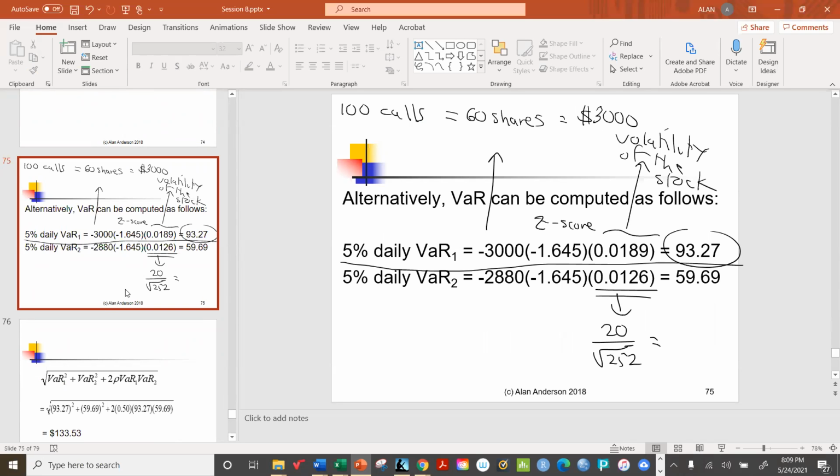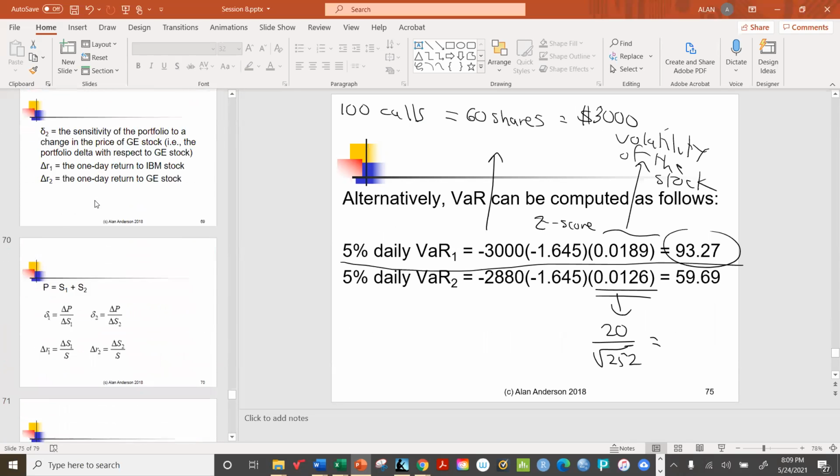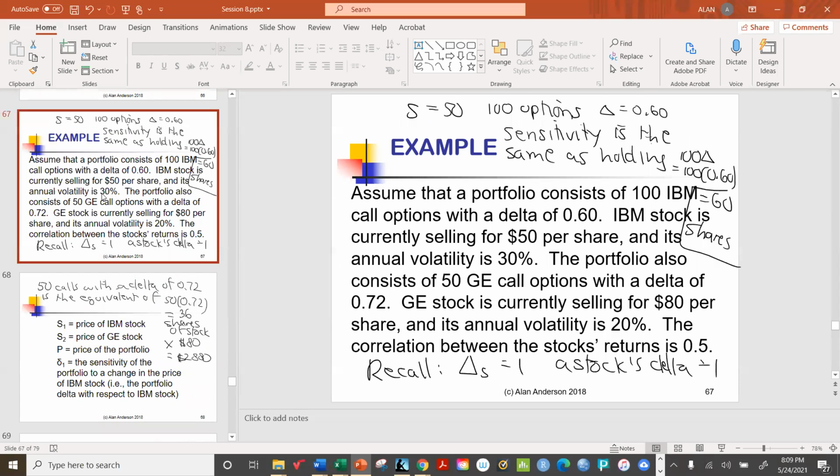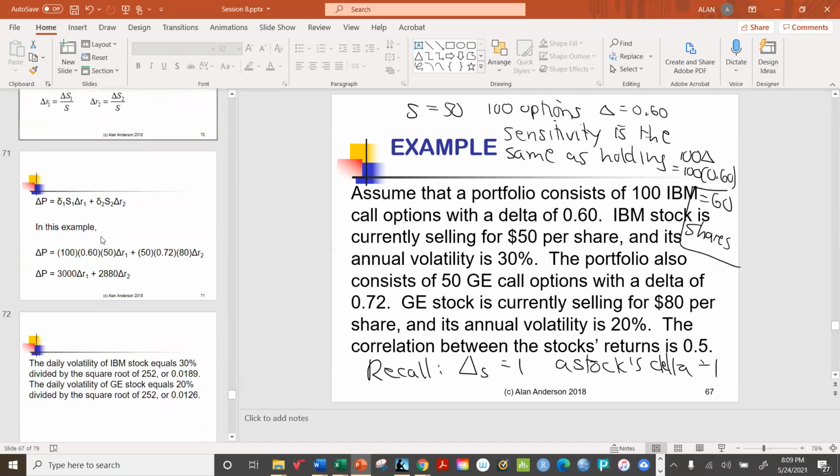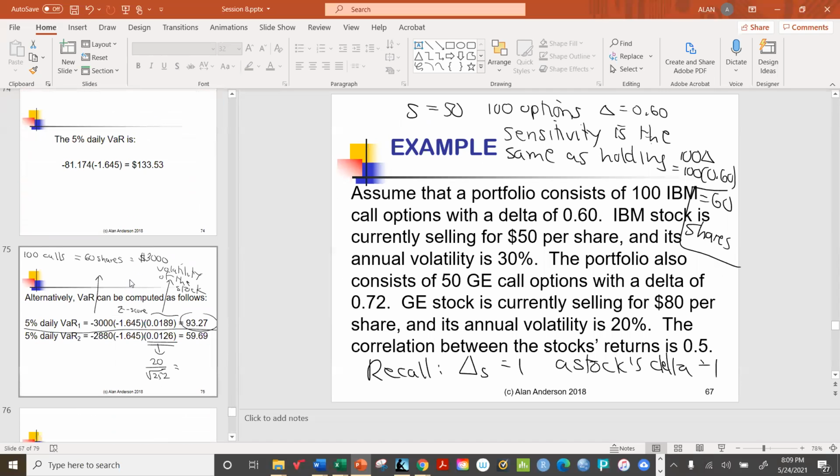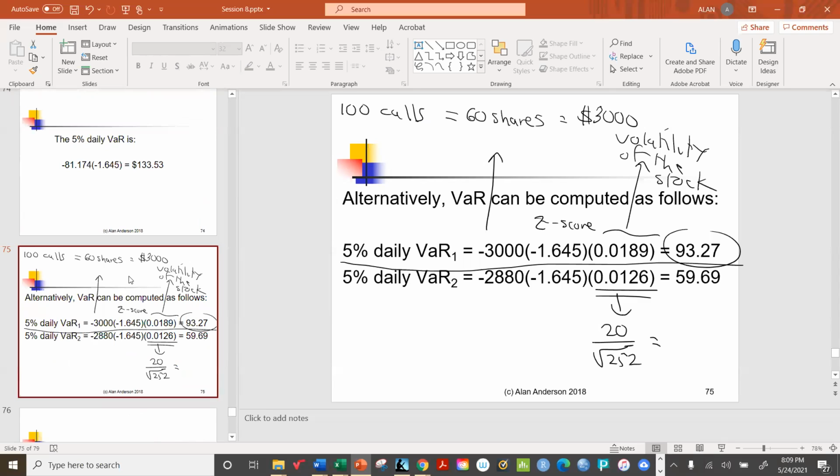And similarly, we were told that for the first set of options, the 100 options on IBM, the annual volatility was 30%. And so this 0.0189 is actually 30% divided by the square root of 252 because of the square root of time rule. And so when we're done, the GE options have a daily VAR of 59.69.